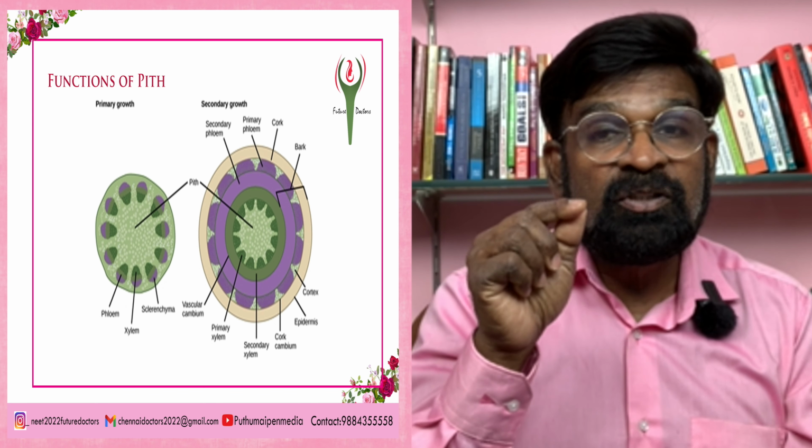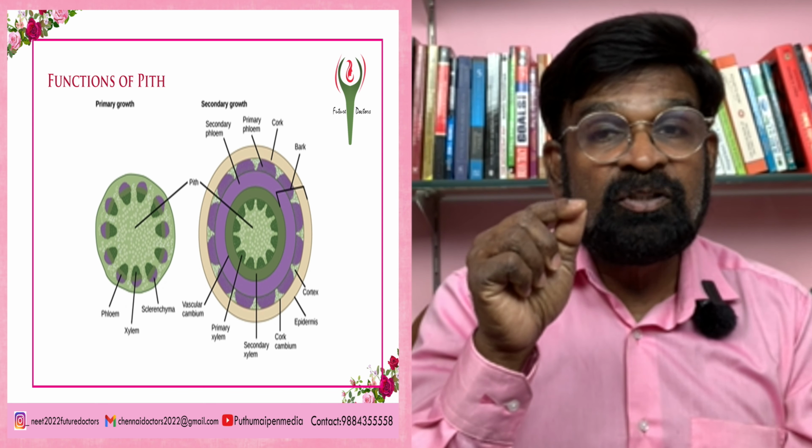A vascular bundle is a strand of conducting tissue which is generally composed of xylem and phloem in monocots, and xylem, phloem and cambium in dicots.